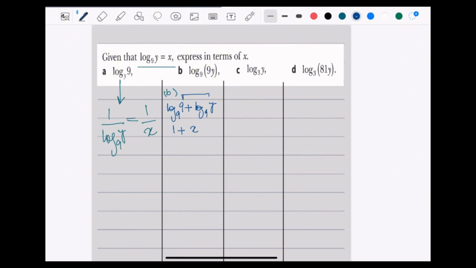For the third one, it's log 3 of y. In order to solve this one, you need to first review this one. The reason being that the base is 9 here and the base is 3 here. So I can write the first one, log 9 of y is equal to x. Let's look at this one first.